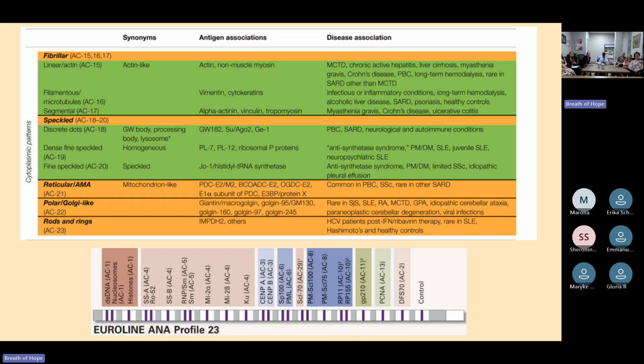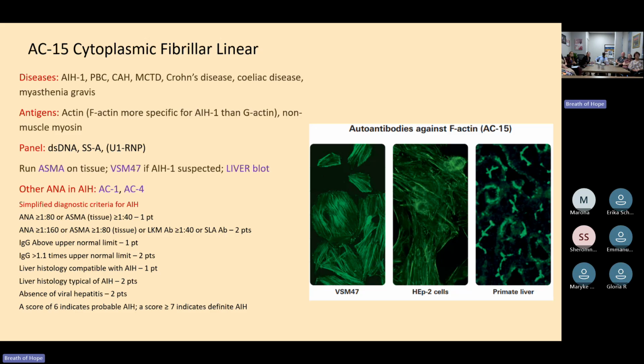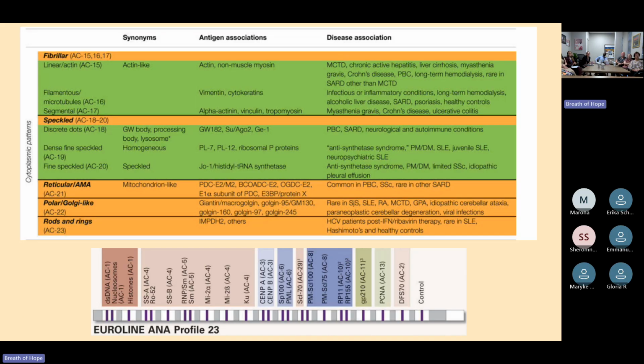Yeah, this is just an overview of your cytoplasmic patterns. Okay, so not going to go through all of them. The ones that we'll discuss is AC15. So that's the one that you see with anti-smooth muscle antibodies that you find with autoimmune hepatitis and some other liver diseases. And the other one, AC21.